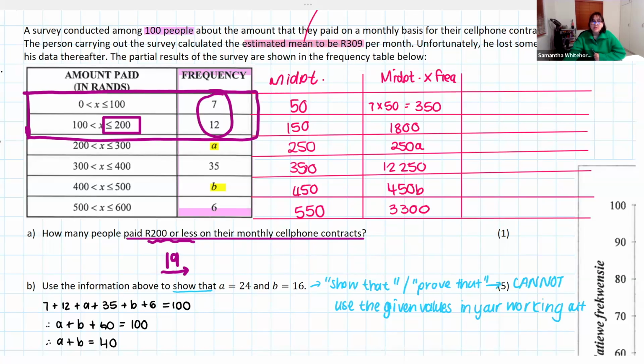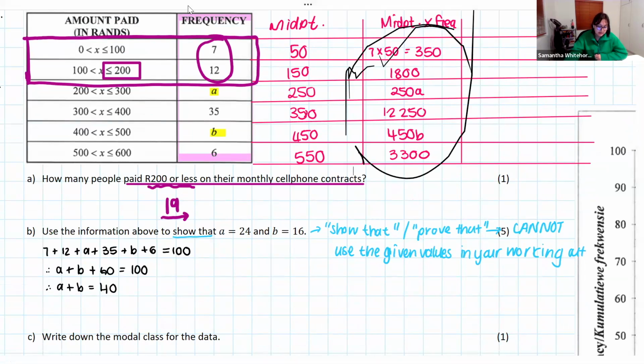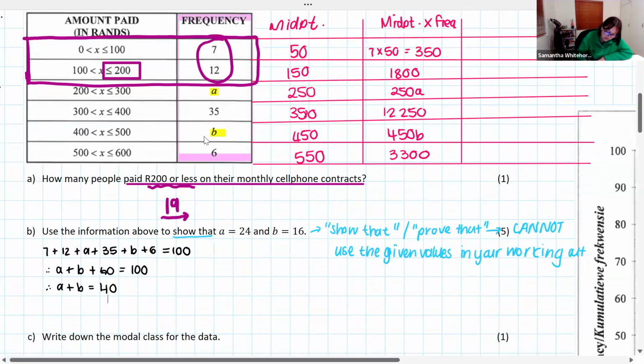The next bit of information that we were told is our estimated mean. Now, because we've already done a whole bunch of calculations, this does make my life a little bit easier. But we know that if we add up those midpoint times frequencies, I must get a certain value that I then divide by 100 to get my estimated mean. Now, we know what the estimated mean is. We know it's 309.